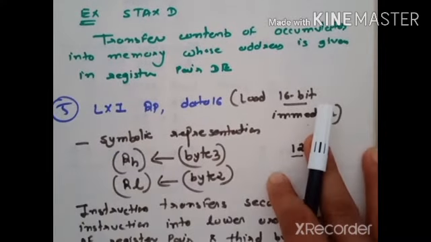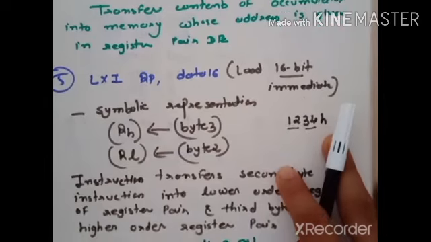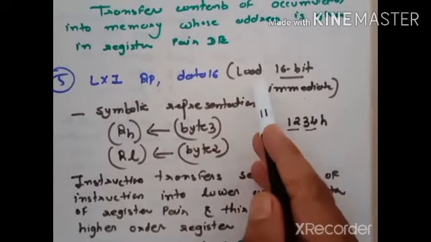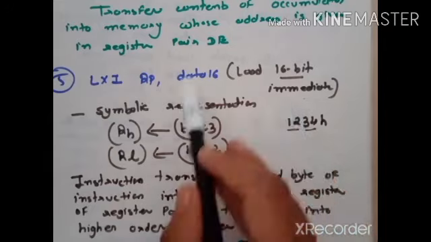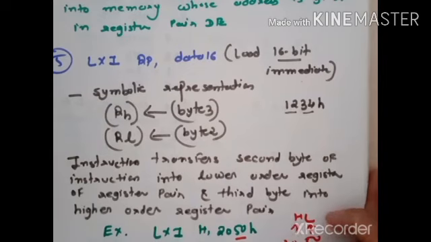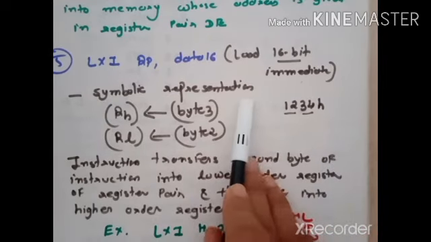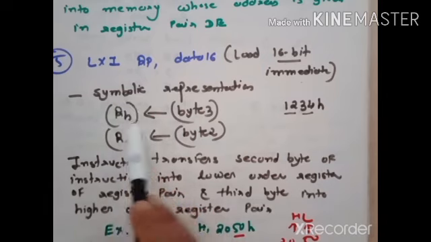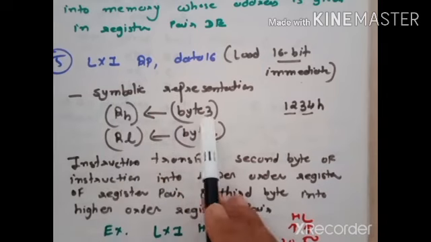Then the next instruction is LXI RP, data 16. So load 16-bit immediately. This instruction is specially used for loading 16-bit data immediately. Symbolic representation: in RH, the higher register, transfer byte 3.